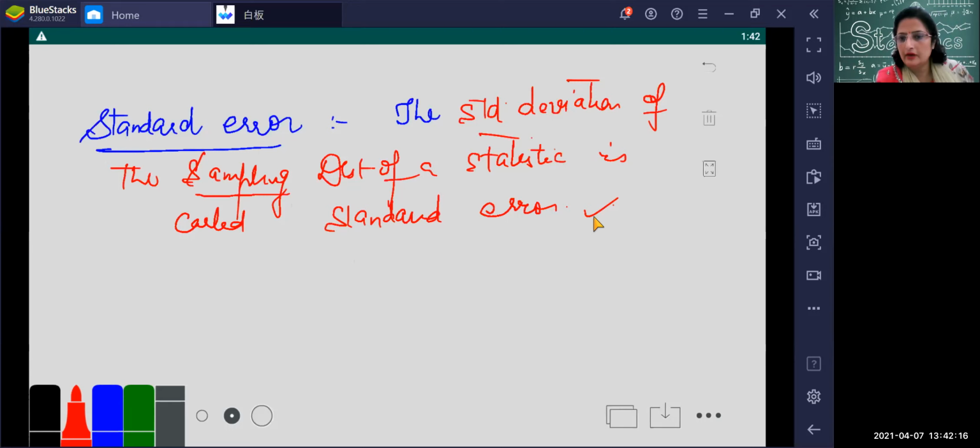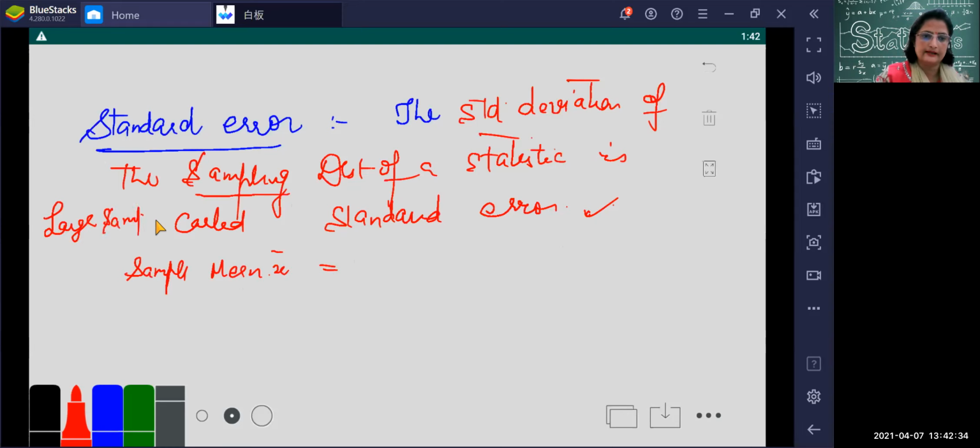So we have some standard errors. हमारे पास standard errors होते हैं. Suppose करो हमारे पास sample mean statistic है. So we have a table for that. So sample mean, if x bar, for large sample, दो तरह के samples होते हैं, large sample and small sample. So we will discuss it one by one.